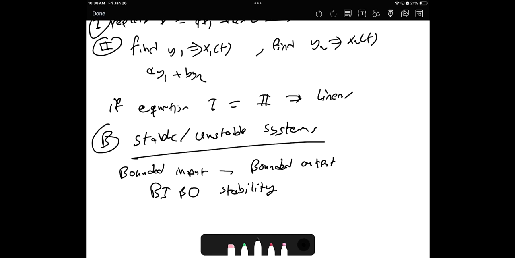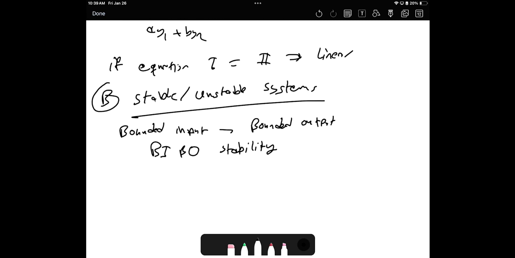Maybe you will hear about stability also later in the control system course, but here we will use it too. By bounded we mean something limited; it will not equal plus or minus infinity.